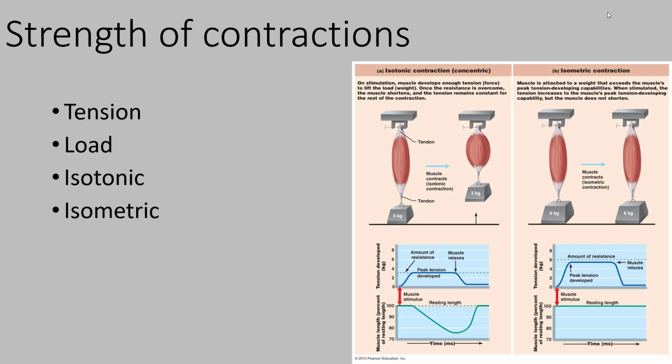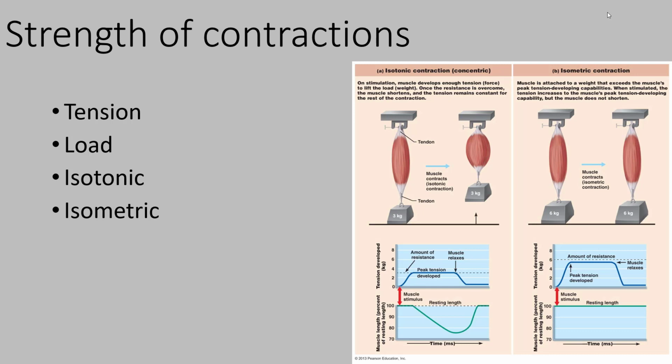And the first term is tension. Tension is a word that we've all heard, but when we're applying it to muscles, it's going to mean something very specific. Muscle tension is the force exerted by the contraction of a muscle. So if you are lifting something that is 5 pounds, the tension within the muscle has to overcome that 5 pounds as it is lifted.